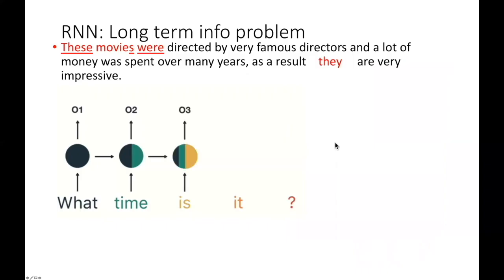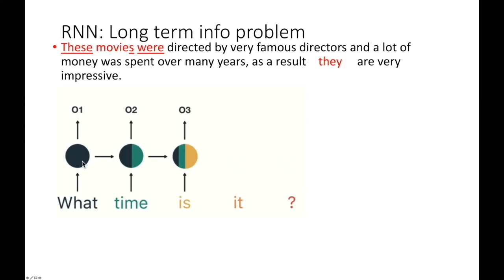All right, so RNNs suffer from something called forgetfulness, or the long-term information problem. The RNN keeps taking the input at each time step and adding it to its hidden state, and every time step, the input which came far back will keep getting a smaller and smaller representation in the hidden state.